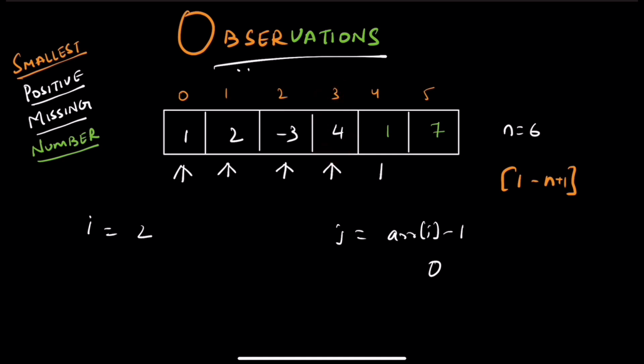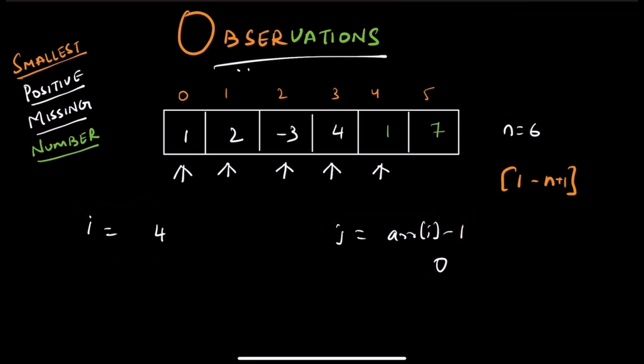Now at index number 4, the element is 1. So i is 4 and j is array of i minus 1, which is 0. Okay. Now we'll check whether these two elements are equal. Yes, these two elements are equal. So is there any need of swapping? No, right? So one more observation is that whatever element we have at the ith index, if we have the same element at the jth index too, then there is no need of swapping.